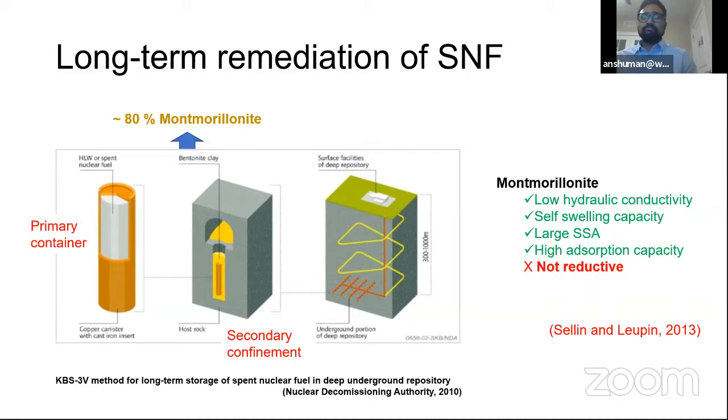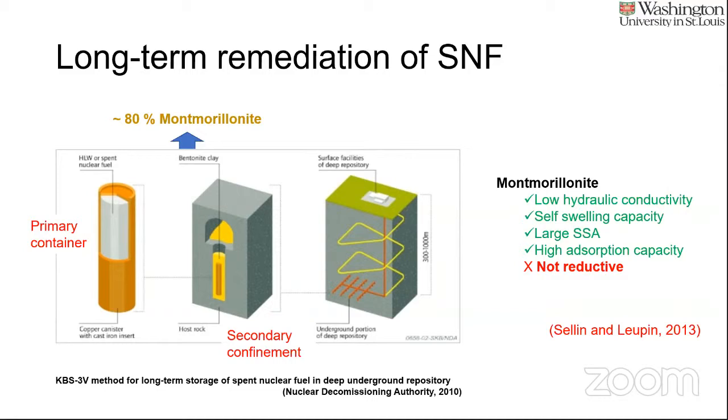So what is being thought of as a long-term strategy for confinement of spent nuclear fuel, which is highly radioactive, is this: as you can see in the graphics on the left side of the slide, most of these spent nuclear fuels will be packed into primary containers made of copper or other metal.